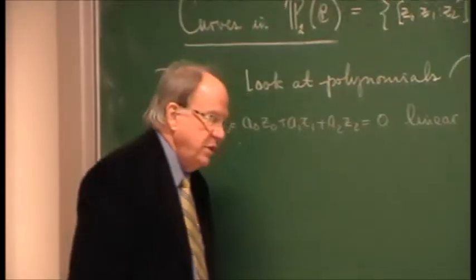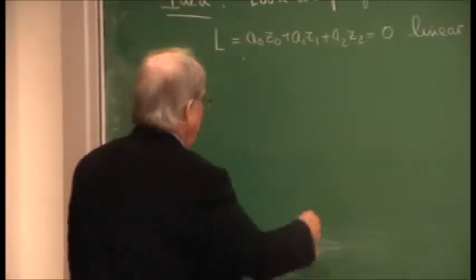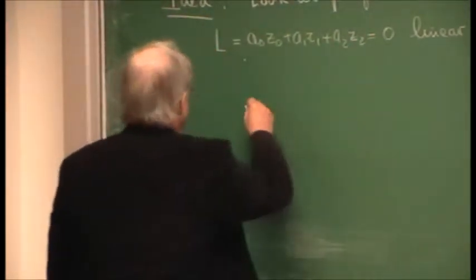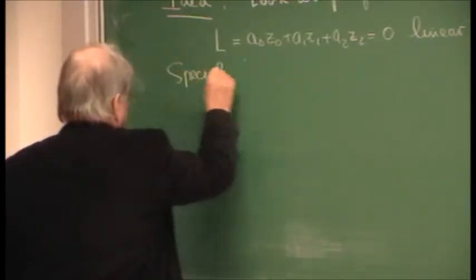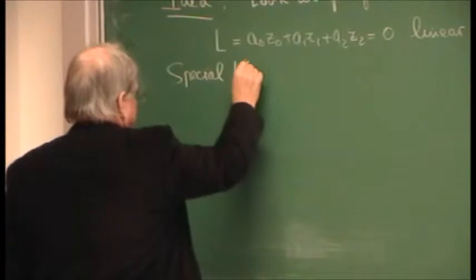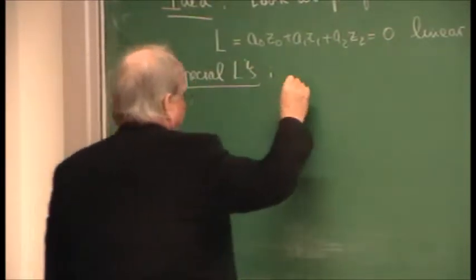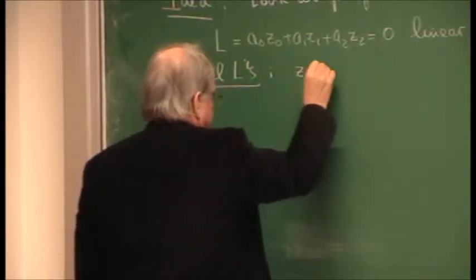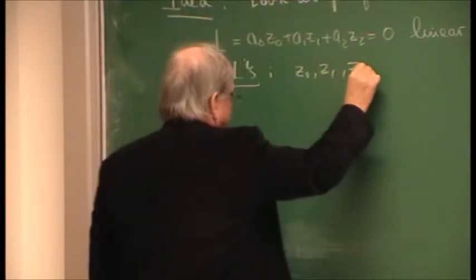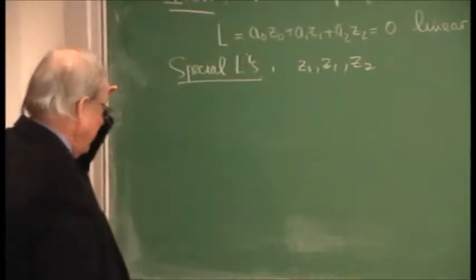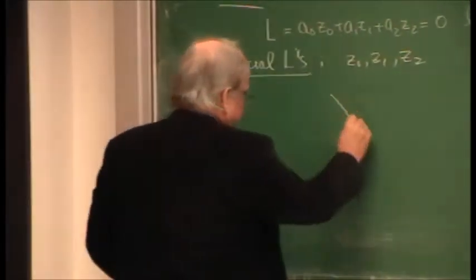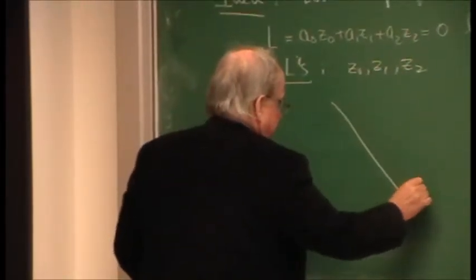Okay. You should think of P2 as follows. You have special L's: Z0, Z1, and Z2. Those are generators of the linear thing. So here is Z0 equals 0.